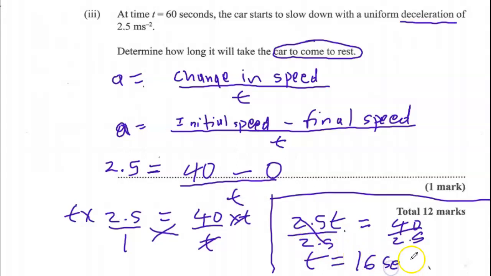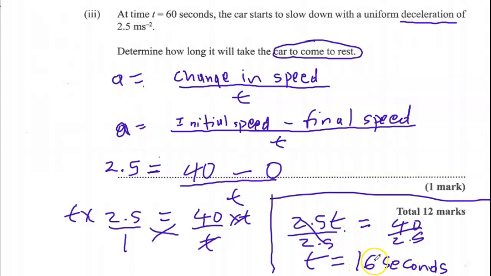So the car would come to rest 16 seconds after it starts decelerating. In other words, from when it initially started, it comes to rest at 76 seconds, right? Because the original journey was 60 seconds, and then it comes to rest 16 seconds after that.